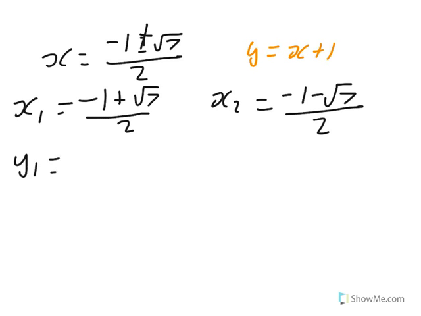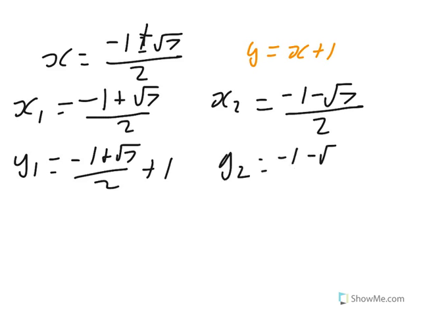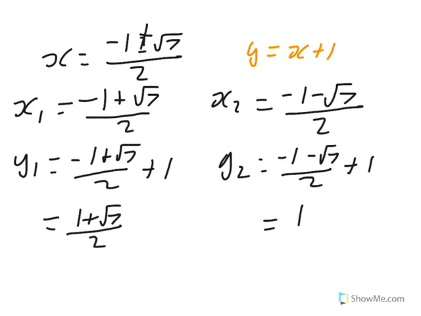So y1 is negative 1 plus root 7 over 2 plus 1, and y2 is negative 1 minus root 7 over 2 plus 1. When we combine things together, what we end up with for this one is 1 plus root 7 over 2, and for this one over here, 1 minus root 7 over 2.